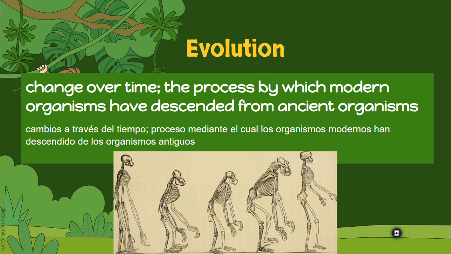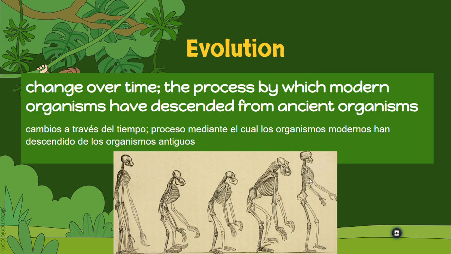So let's look at our first key term. Our first key term here is change over time, or evolution. The definition of evolution is change over time. So it looks at how a population of organisms changes over the course of time. It is the process by which modern organisms have descended from ancient organisms.